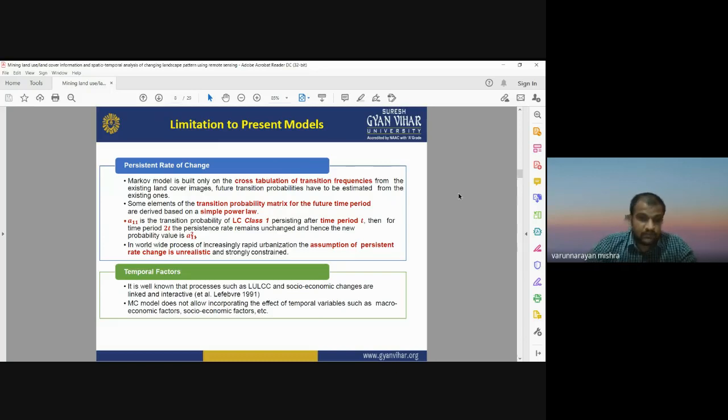When we want to incorporate socioeconomic factors, the Markov chain model will not support adding the macroeconomic or socioeconomic factors. So for adding more socioeconomic factors, more biophysical factors, driving factors or driving variables, we need to use several other models, that is cellular automata, neural network, logistic regression. Markov chain only provides you the quantitative information.